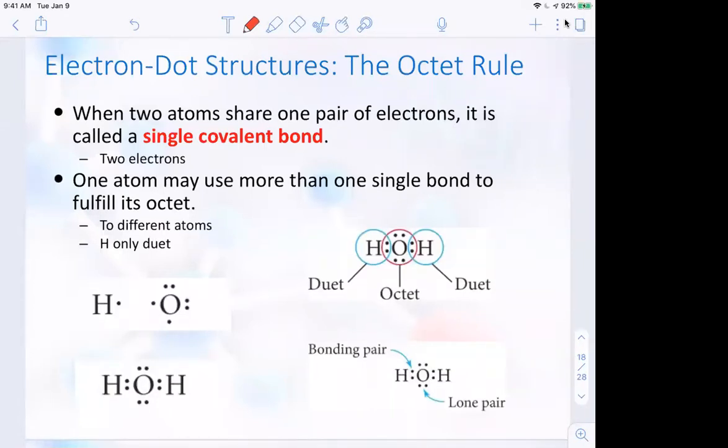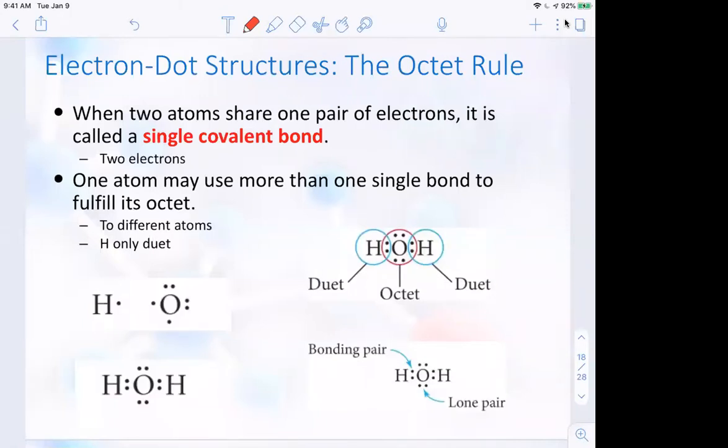But in organic chemistry, as in general chemistry, sometimes an atom has to use more than one single bond to fulfill its octet. So for example, I could have double and triple bonds that we're going to discuss in organic chemistry.